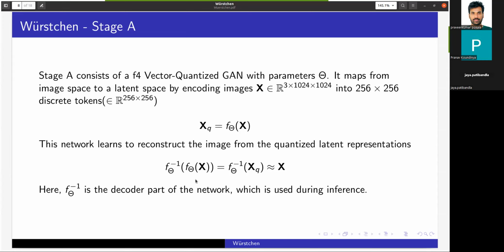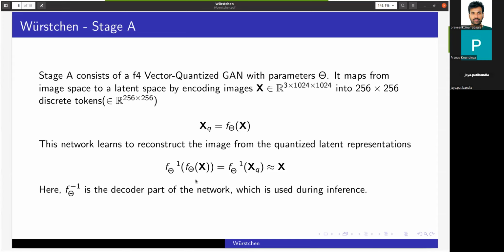The code book size is about 8,192, but I'm not sure about the effect of the size of the code book. Okay. And the VQGAN here, the compression is 1:4, right? The input to the VQGAN is 1024 and the latent representation is 256, right? Correct, sir.